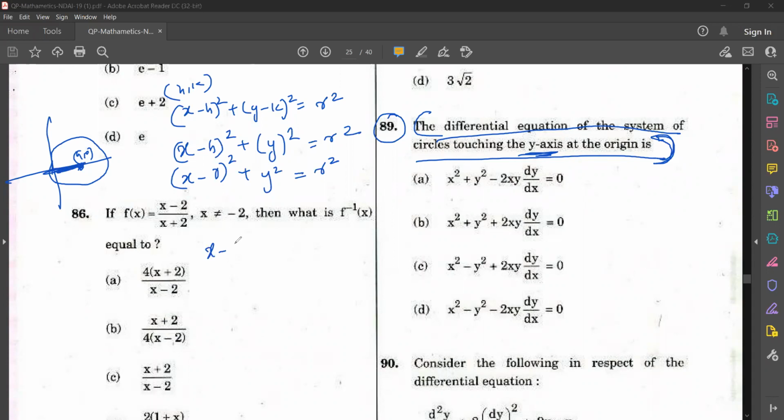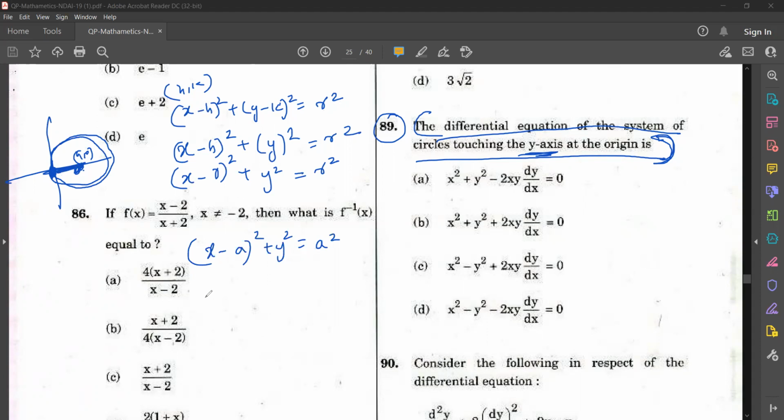So I can write it as x minus a the whole square plus y square equal to a square.